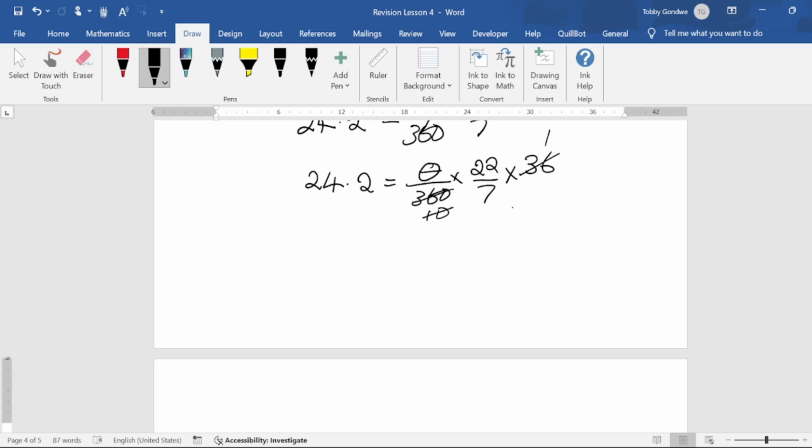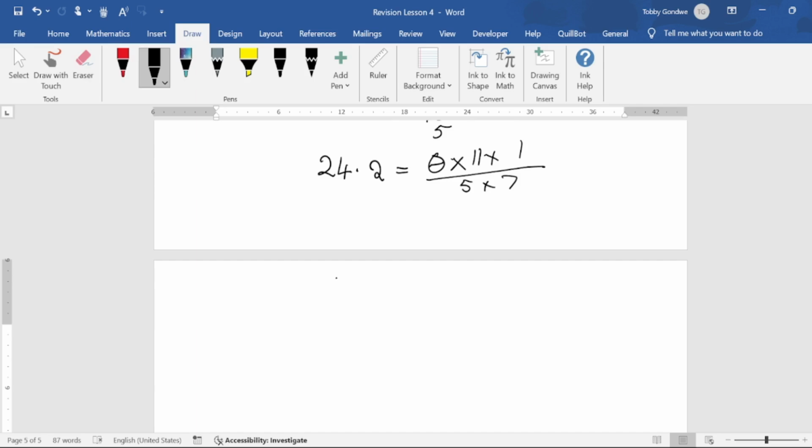Then 2 into that, we get 5, and 2 into that, we get 11. So at this point, we have 24.2 is equal to theta multiplied by 11 over 5 times 7, which gives us 24.2 equal to 11 theta over 35.